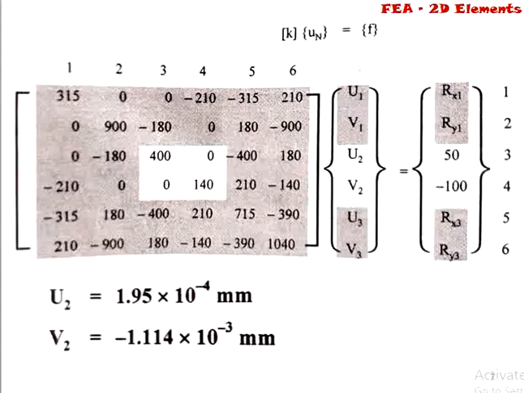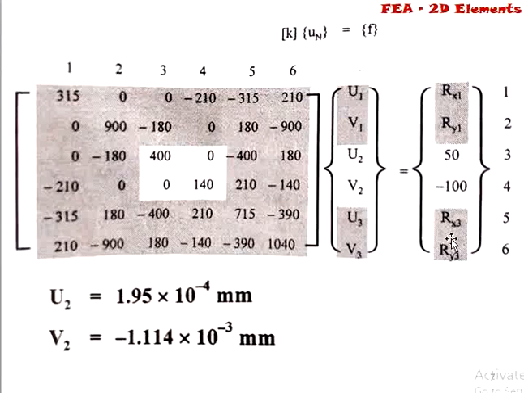Then this is the governing equation of FEM, that is k u is equal to f. So we have the value of the k matrix, then there are 6 degrees of freedom, 6 displacements, 3 in x direction represented by u and 3 in y direction represented by v. Then 2 nodes are fixed, that's why they have reactions in x and y direction.